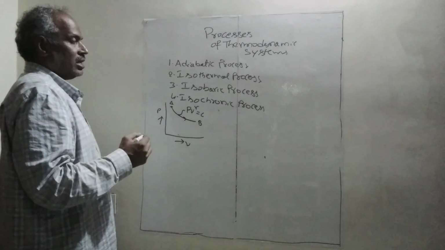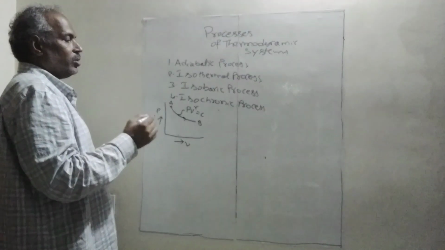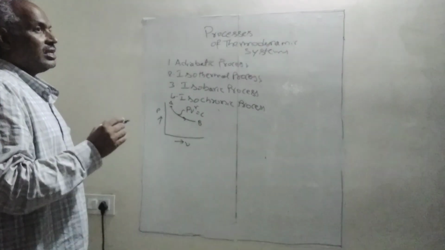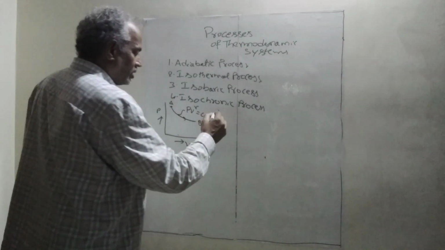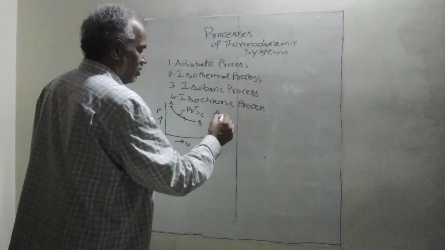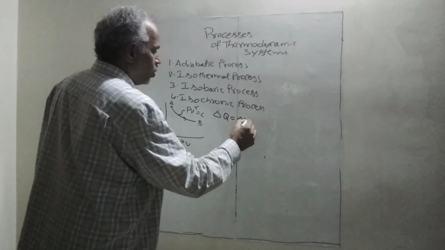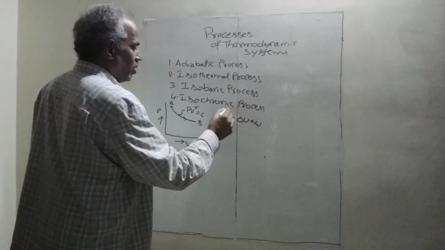That means the work that is done on the system will be used to completely raise the internal energy of the system, and hence here the heat transfer will not be taking place. So if you apply the first law of thermodynamics, delta Q is equal to delta U plus W, and here the heat transfer is 0.